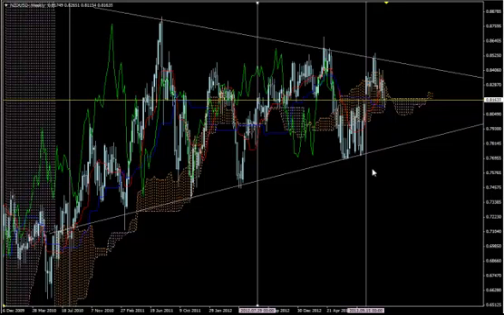zone for the breakout. If the price falls, then we are going to have a huge downward move, a move of 180 pips below the breaking point, below the point where the price will break the lower trend line of the triangle.